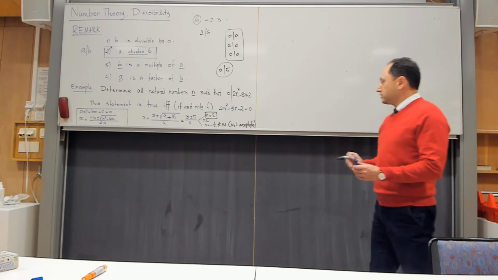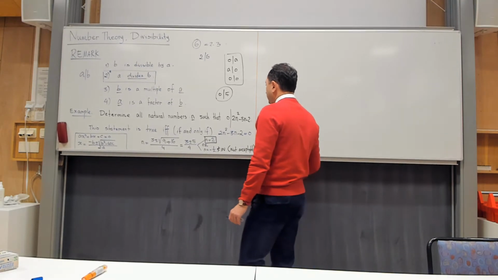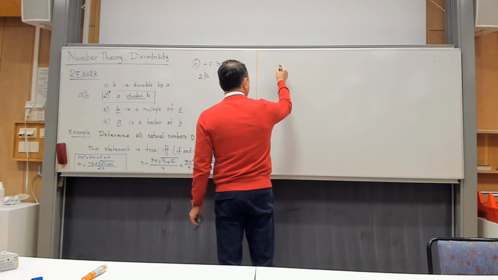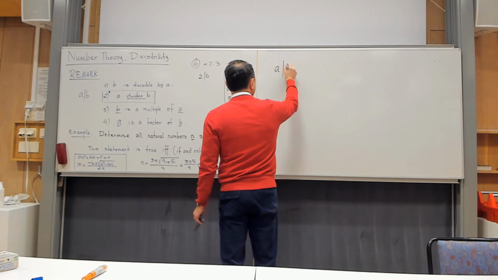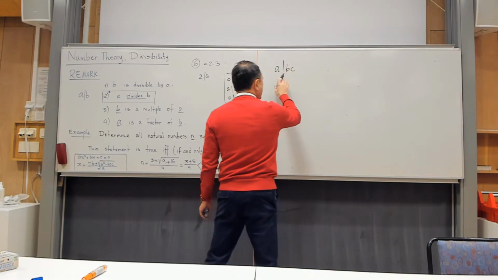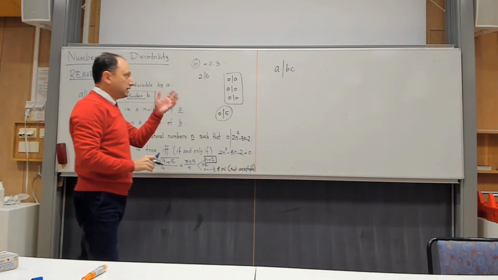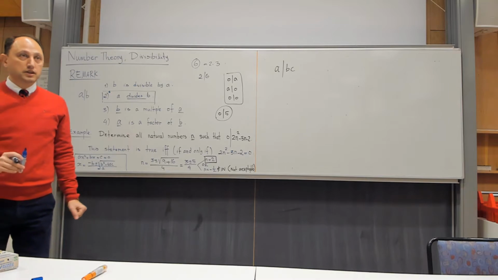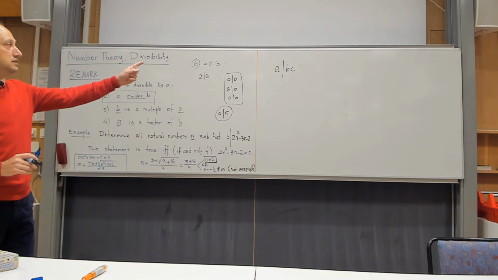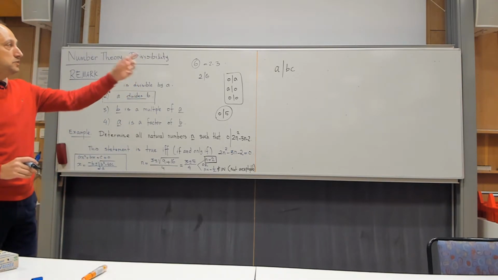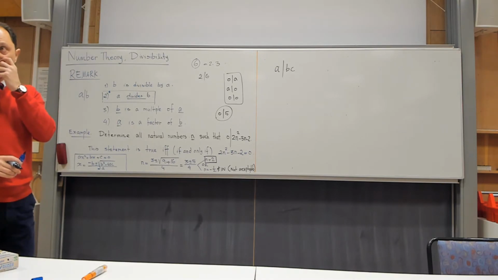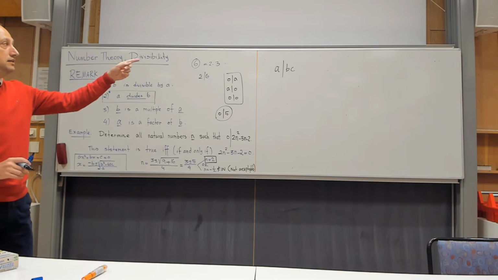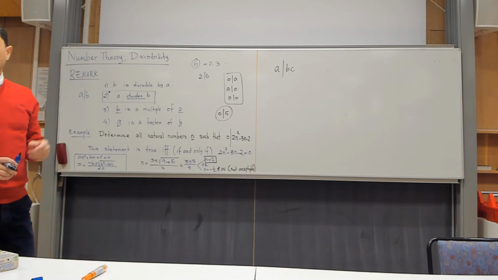Okay, one question. If I have this situation, I give you three numbers. So you see this statement on the board. And of course, I do not always emphasize: when I don't say anything in this new topic, A, B, and C are assumed to be integers. If you see A divides B times C, do you think it is reasonable to conclude that A either divides B or C?